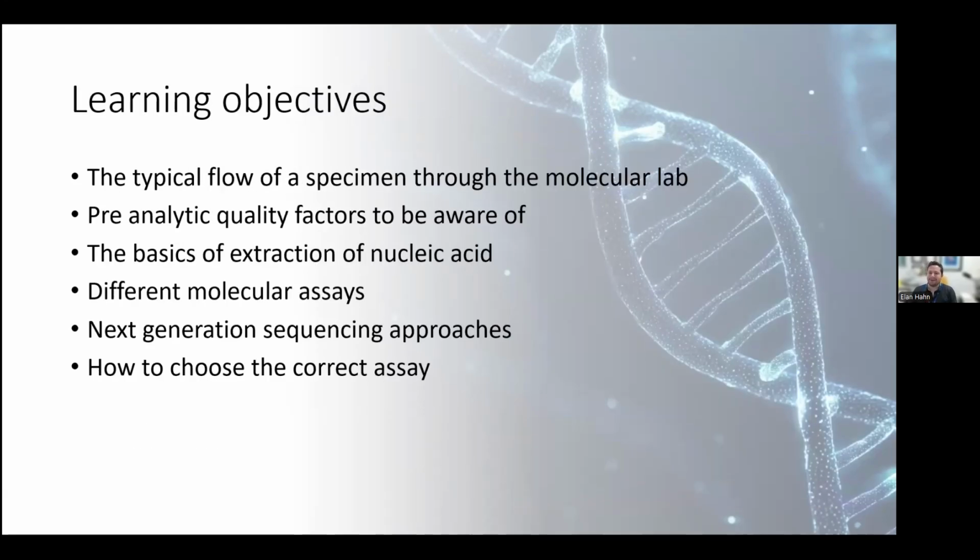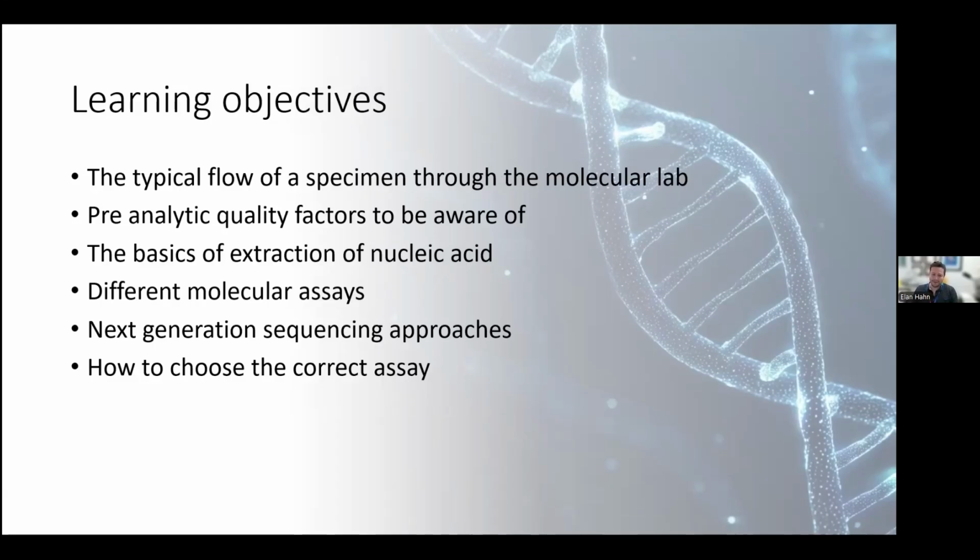Now moving on to the learning objectives for today. We're going to talk about the typical flow of a specimen through the molecular lab, so after today, I think we'll have a much better understanding of that. In addition, we'll cover pre-analytic quality factors to be aware of, the basics of nucleic acid extraction, and different molecular assays.